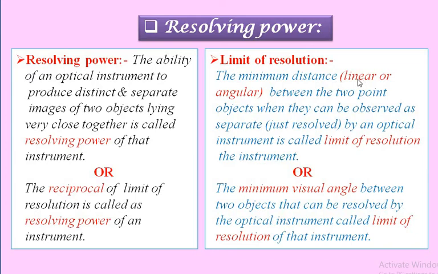Linear distance is used in case of a microscope, and the angular distance between the two point objects is used in case of a telescope. This is the general definition for the limit of resolution of the optical instrument, that is the minimum distance, linear or angular, between the two point objects when they can be observed as separate, that is just resolved by an optical instrument.